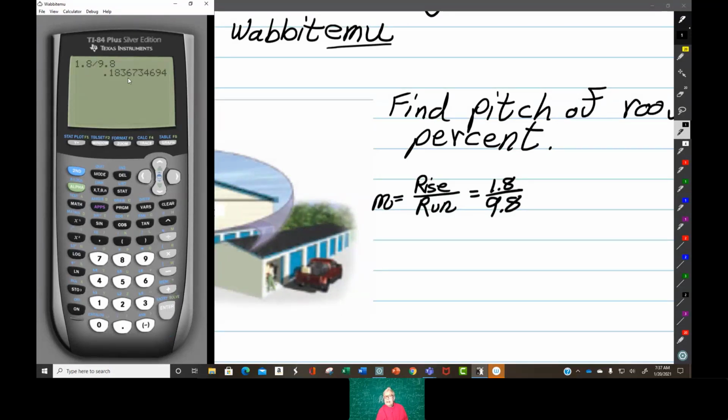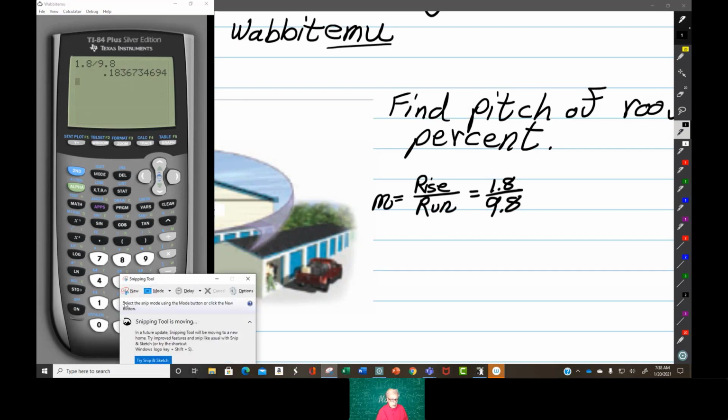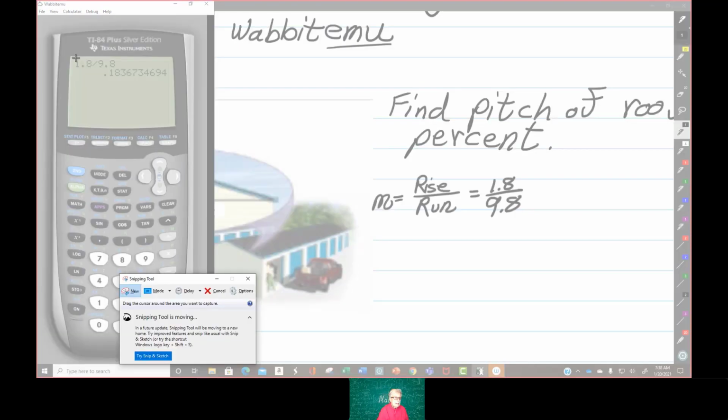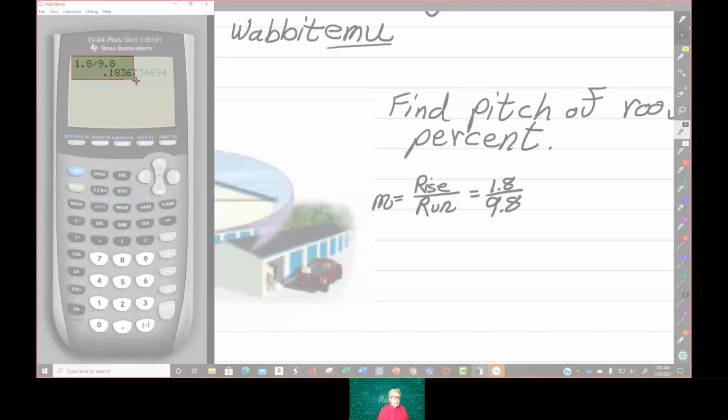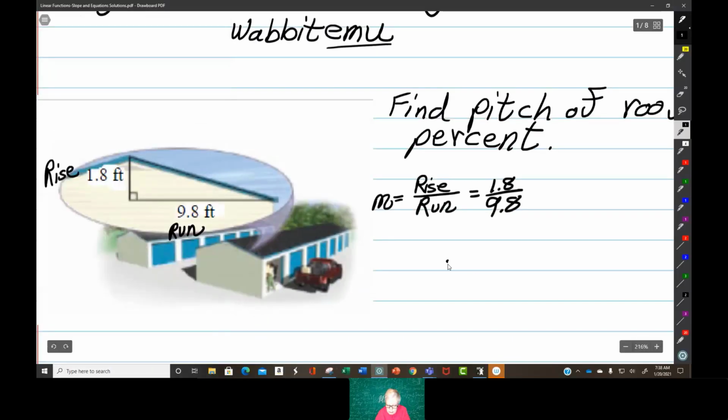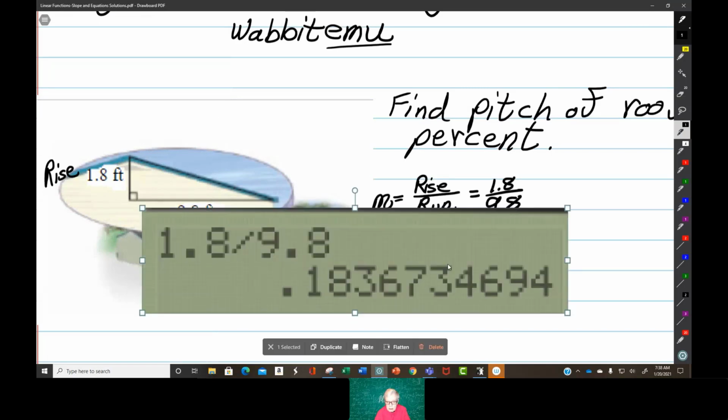Now, this is the decimal. Obviously, it's a decimal, right? And I am going to copy this over to here. Make it smaller.